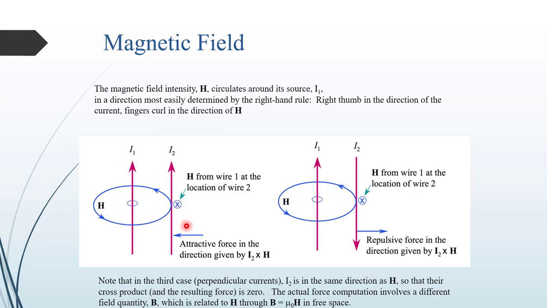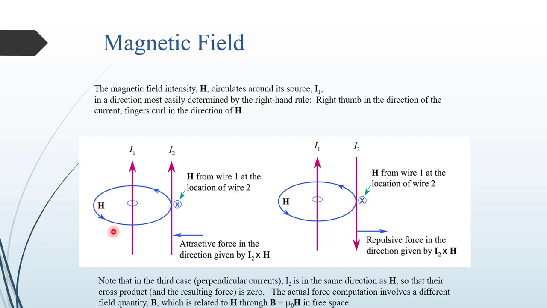If we see the same diagram again, two currents are there, both flowing in the same direction, but the intensity generated by I1 is in a circular, anti-clockwise direction, and there is no intensity at the location of wire 2, because this enclosed path has enclosed only wire 1.